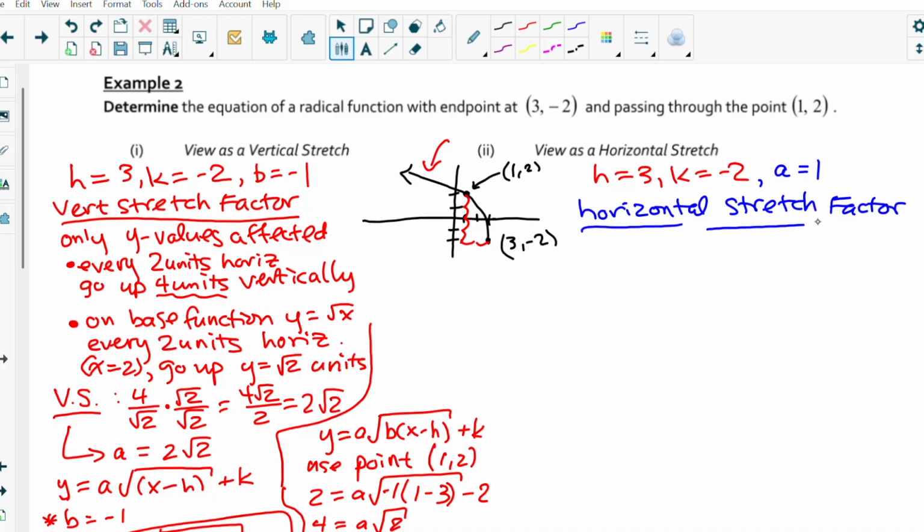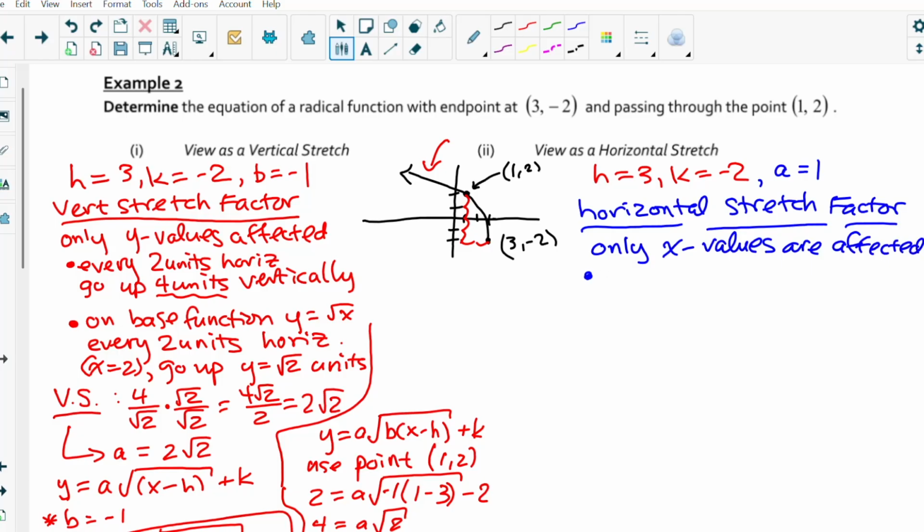And then let's work backwards to find our b value. Remember, for the horizontal stretch factor, only x values are affected. Super important.